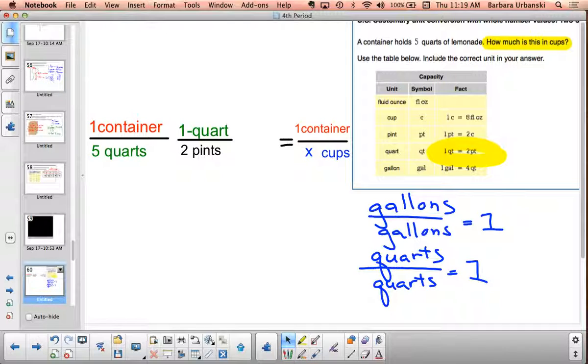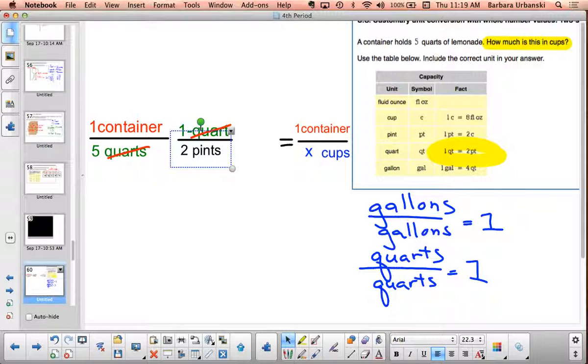So at this point, I have quart over quart. I have eliminated that word altogether. And now I still have a container and a container, but now I have 2 pints and I have cups. Now I need to eliminate the pints.